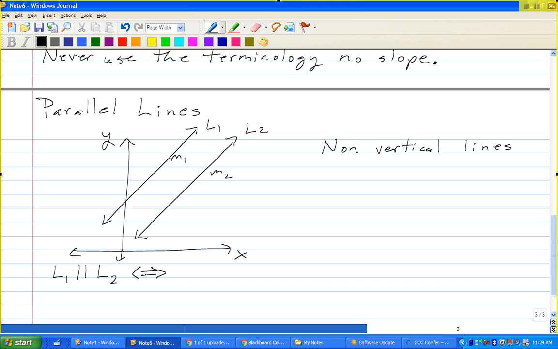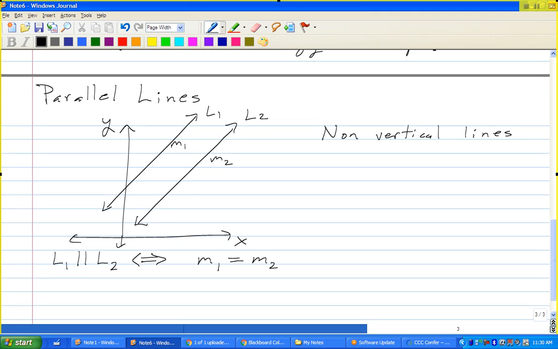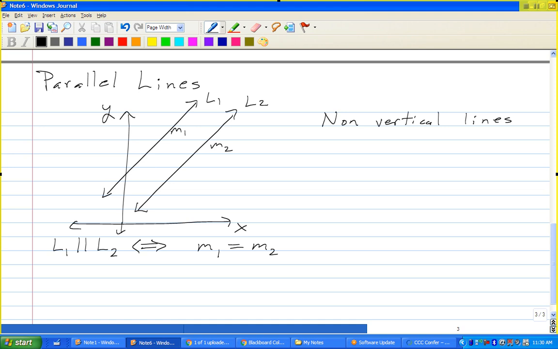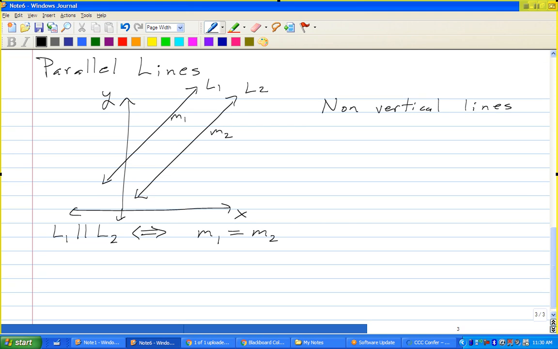Then two lines are parallel if and only if their slopes are the same. If the slopes are the same, then they're parallel. If the lines are parallel, then the slopes are the same. Of course, this is also true if they were vertical lines, because if one side is undefined, then so is the other side. Perpendicular lines.